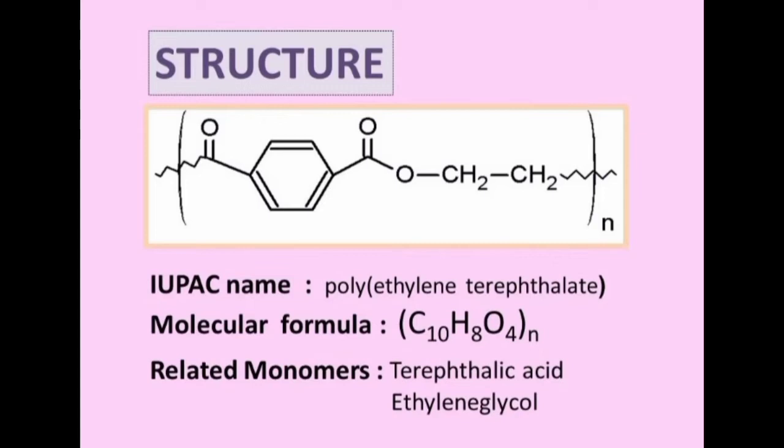Let us see the structure of PET shown on screen. Its IUPAC name is polyethylene terephthalate. Molecular formula C10H8O4 to the base n, and the monomers are terephthalic acid, which is a dicarboxylic acid, and ethylene glycol, which is a dihydric alcohol, that is, a diol.